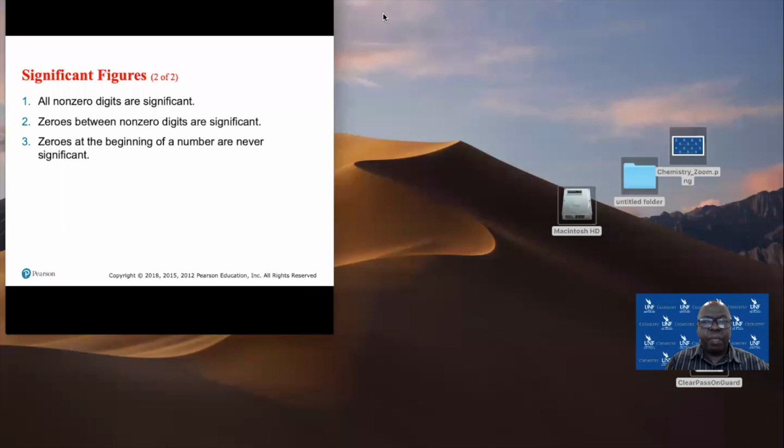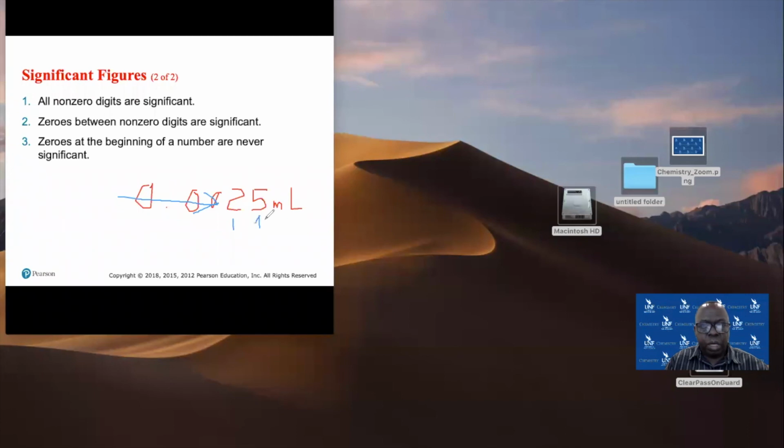If I have a number such as 0.0025 mL, just make it a measurement. The zeros you see here do not count as significant. We start counting from here.